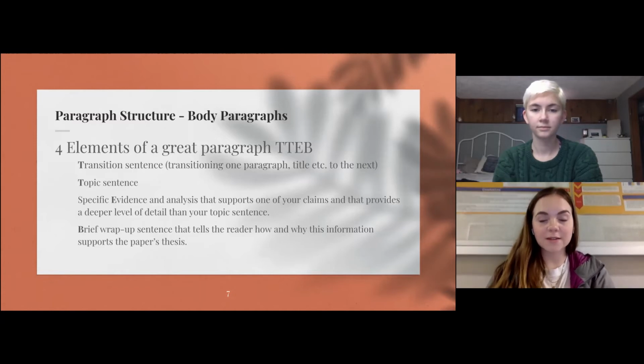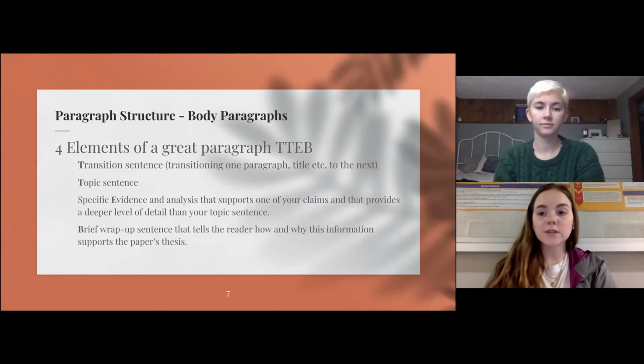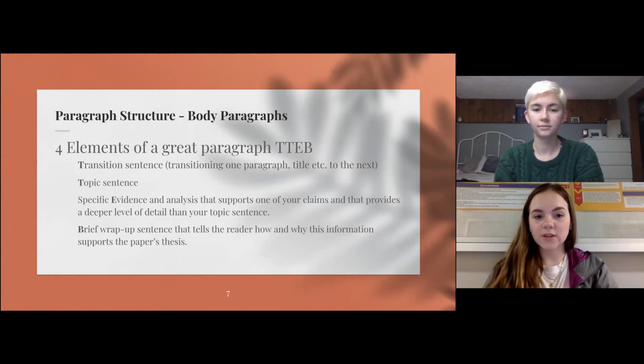Then you're going to have your topic sentence, like we talked about before, and then specific evidence and analysis. And this is what's going to support your ideas that you're introducing in that paragraph. And it's like the meat of your paragraph. It's really the bulk of what you're trying to introduce. And then a wrap-up sentence or concluding sentence that summarizes your ideas and helps lead to the next transition sentence.